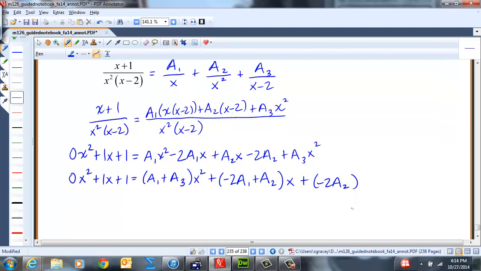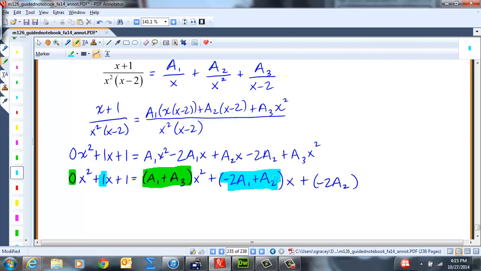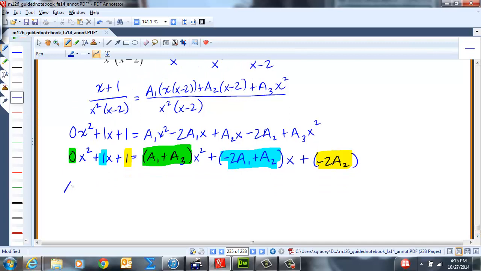So now we are ready to equate these. The 0 will be equated here, and the 1 is equated to these, and the other one here is equated to this one. So this will be a much easier system to solve. So we will have a1 plus a3 is equal to 0.